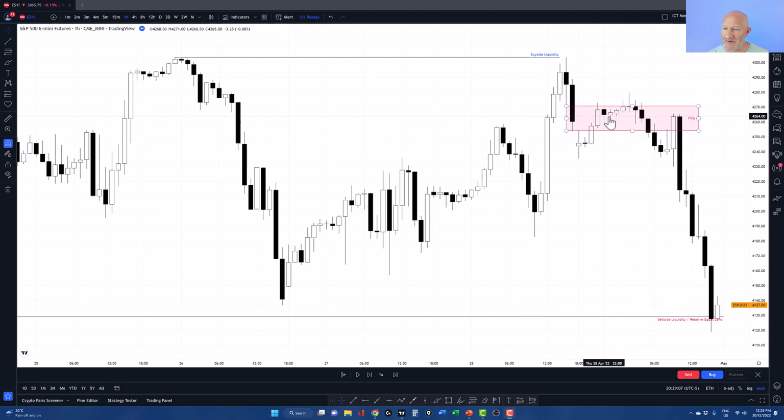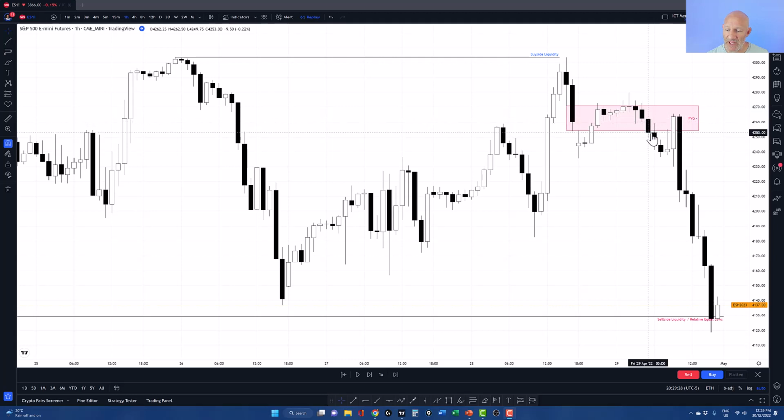If we extend that across from the 28th and into the 29th, remember we're on an hourly chart here, you can see how once the market trades up into that fair value gap, it then trades really neatly within it. It obviously wicks in and out, but the bodies of these candles largely respect that fair value gap.